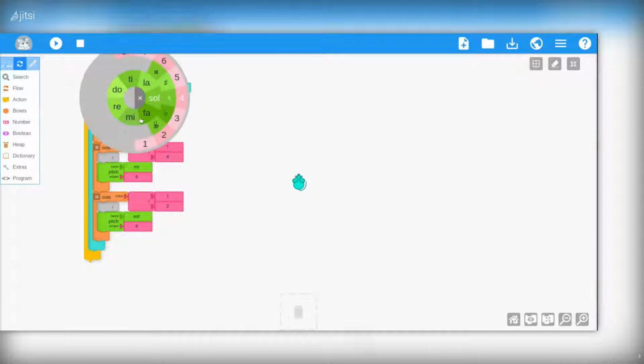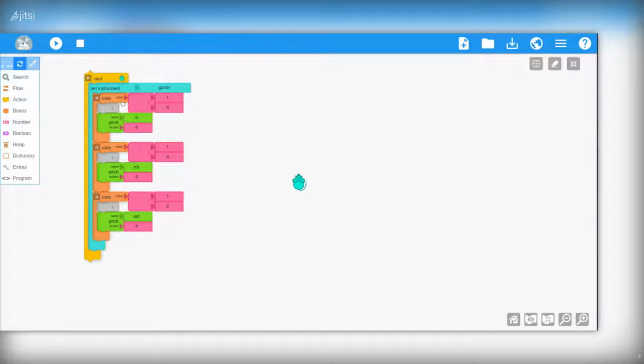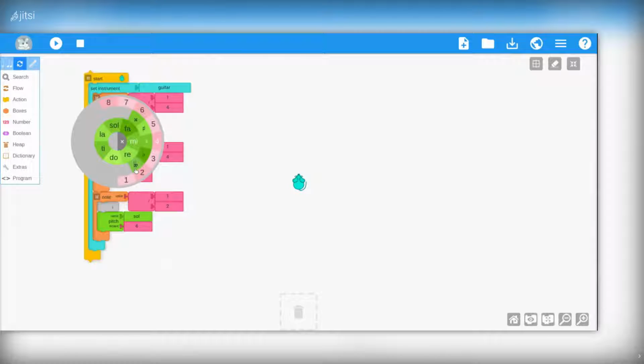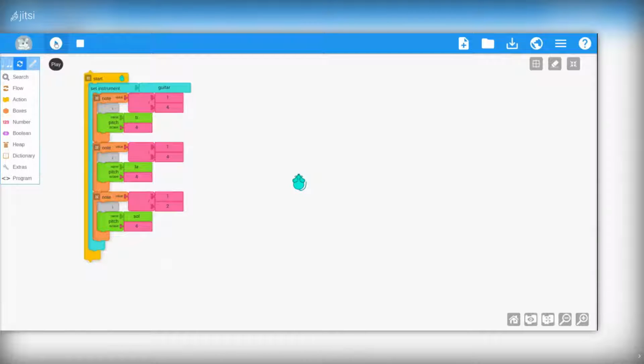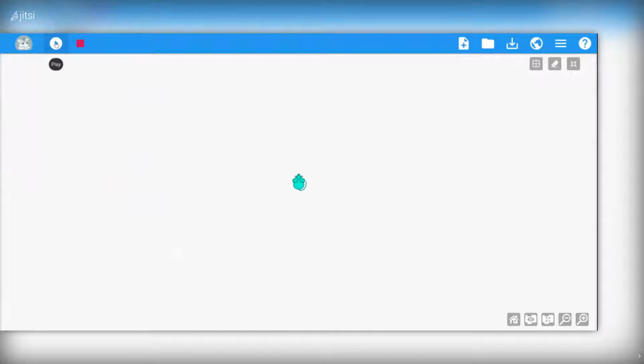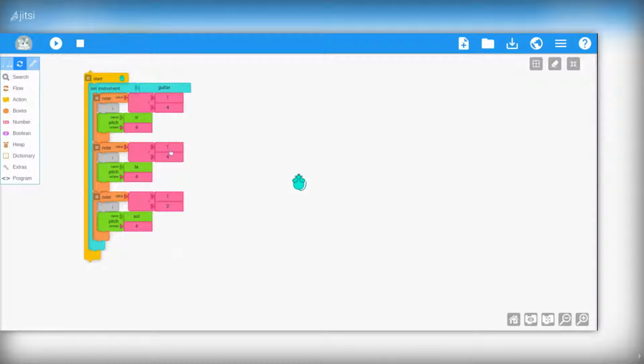Let me make these pitches the same as Hot Cross Buns, since that's what I started with. If I press play, you'll get those notes. I've got a quarter note and a half note, and the half note is 2 times longer than the quarter note.